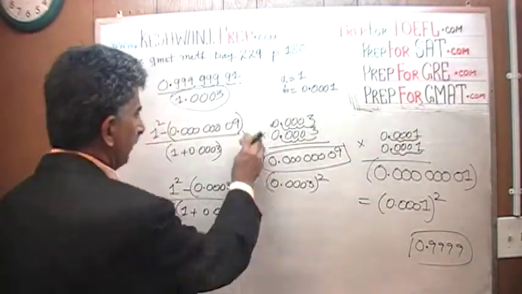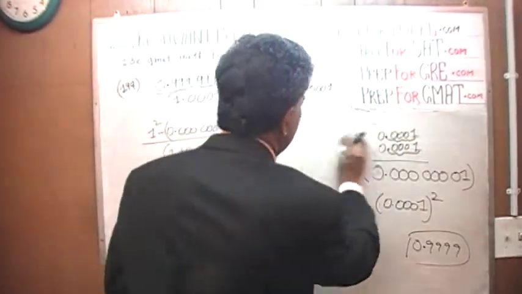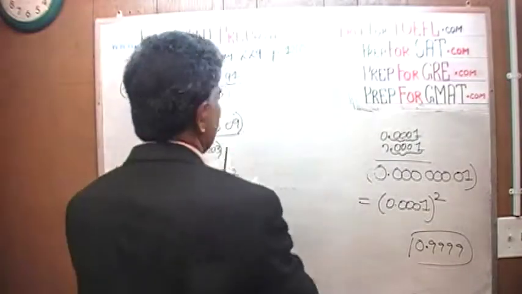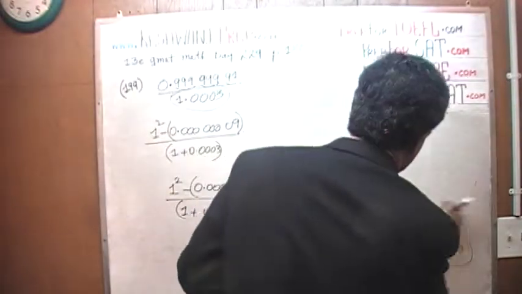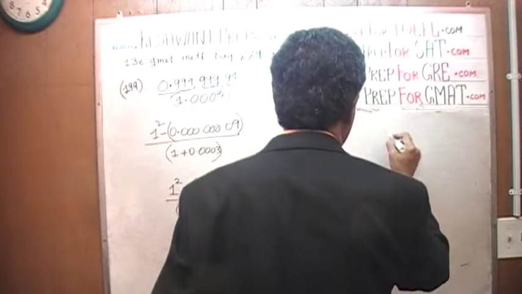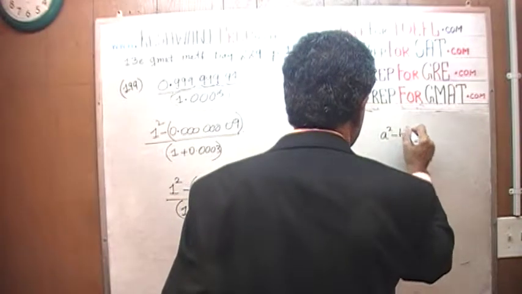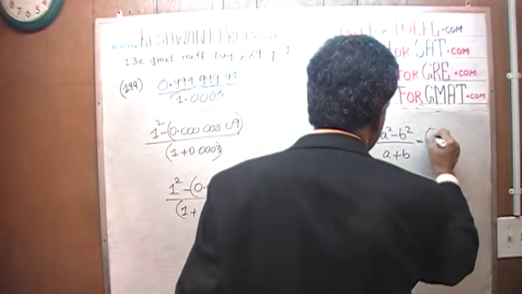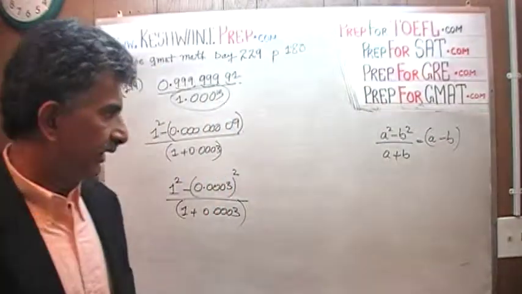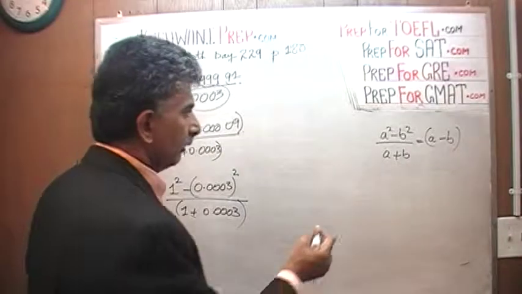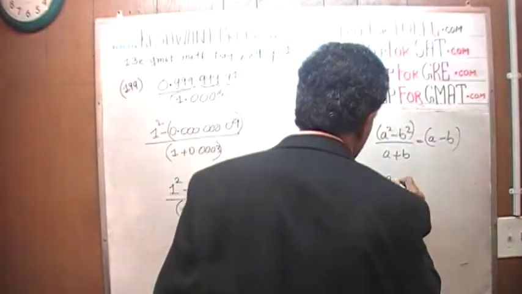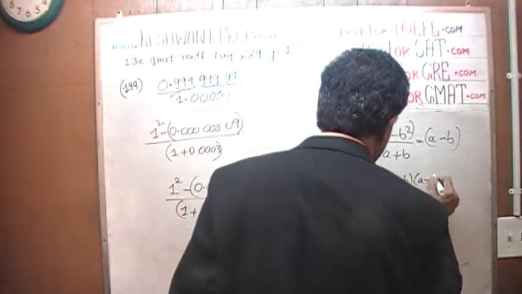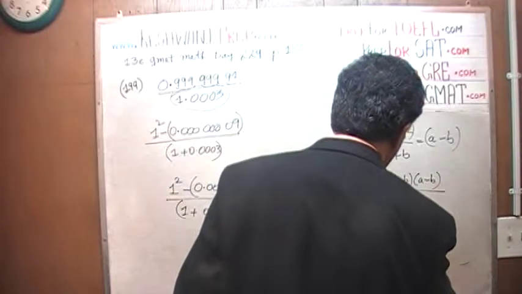I need the room, so I have to erase it. A squared minus b squared over a plus b is simply going to give you a minus b. That's it, because a plus b from the bottom is going to cancel out. Because a squared minus b squared is a plus b times a minus b over a plus b.